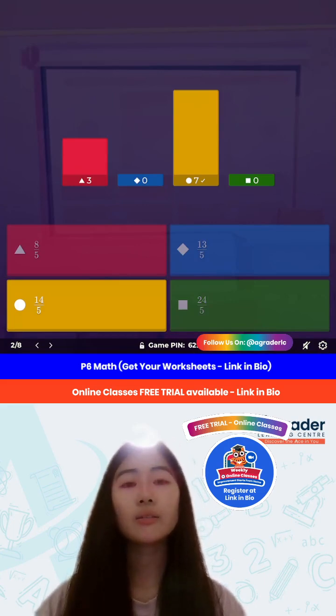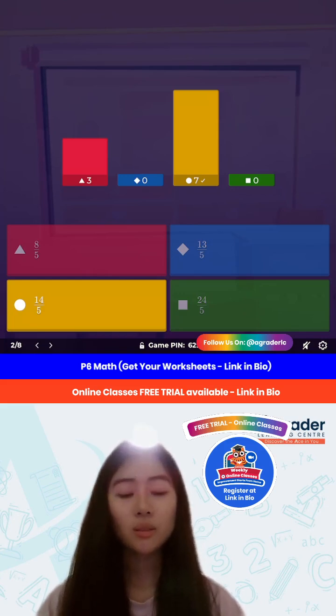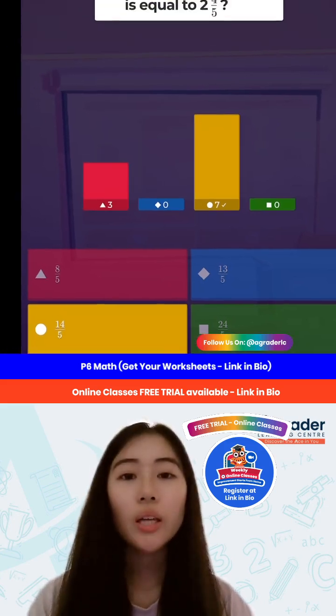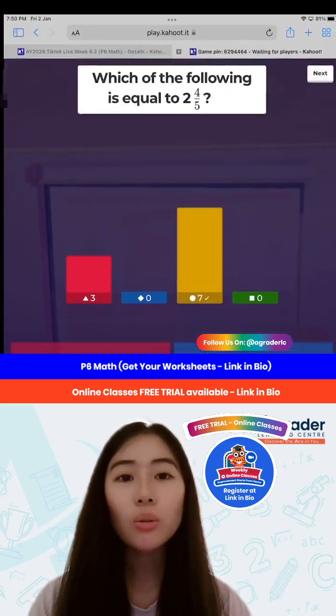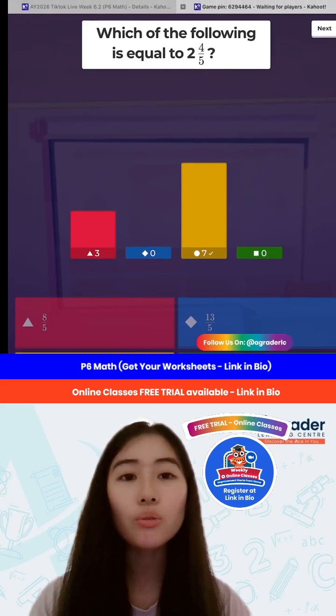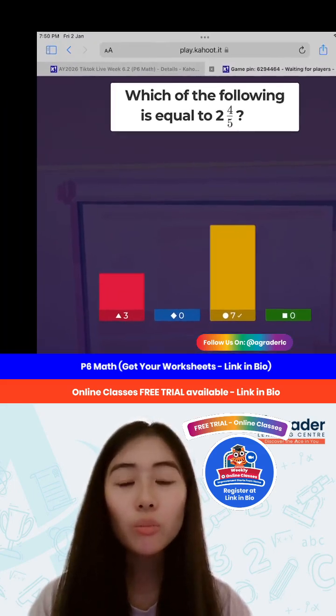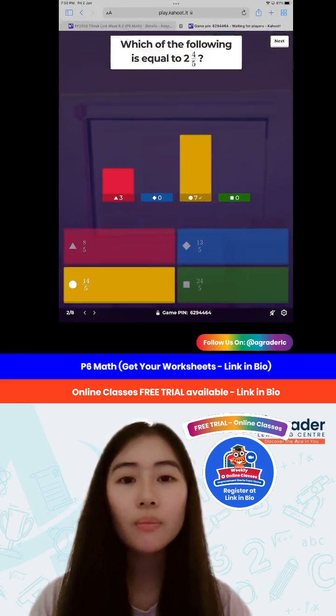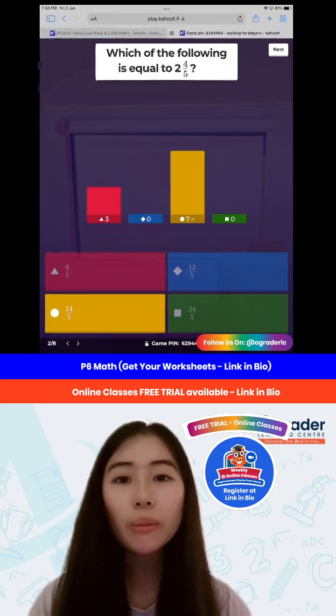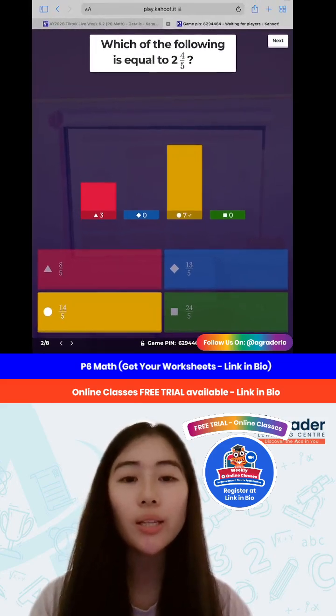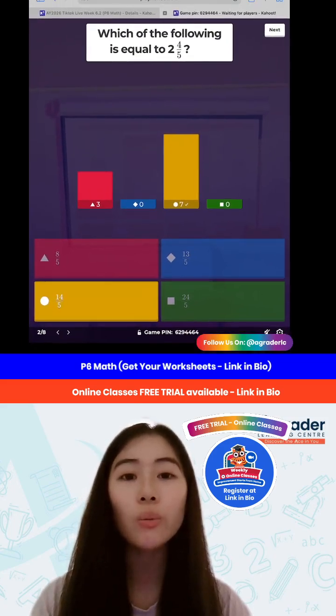Wait. Okay, give me a moment. Some of you say you can't see it on your own screen. Let me try to make this smaller. Wait. Okay, so I think no choice. I'm gonna make it smaller so that you guys can see the full thing. Okay, wait.